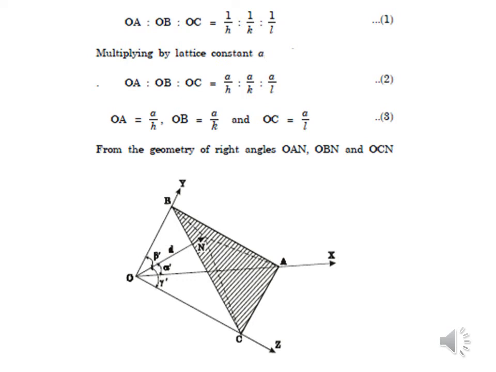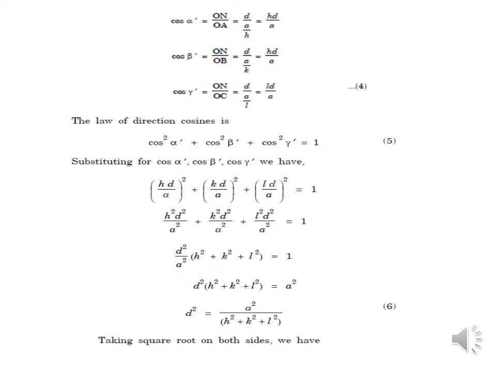From the geometry of the right angles, OAN, OBN and OCN values are calculated. These three interfacial angles are represented by alpha dash, beta dash and gamma dash. Angle ONA: cos alpha dash equals ON by OA. ON is the distance d, divided by the OA side length a by h, which equals hd by a.